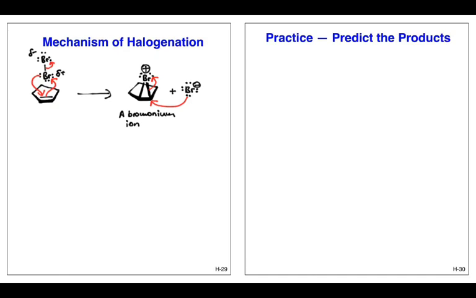It's an even better leaving group than Br minus. So like in every SN2 reaction, the Br minus has to attack from the back side. And so that means the bromines end up on opposite sides of the double bond, and we of course form the enantiomer here as well.